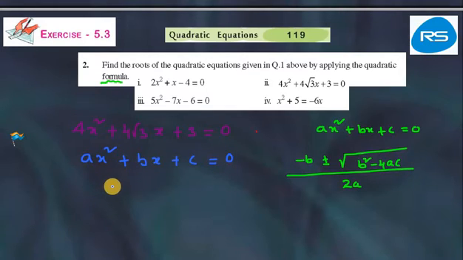If you compare, the a value is 4, that is nothing but the x square coefficient. The b value here is 4 root 3, that is nothing but the x coefficient, and c is equal to 3.